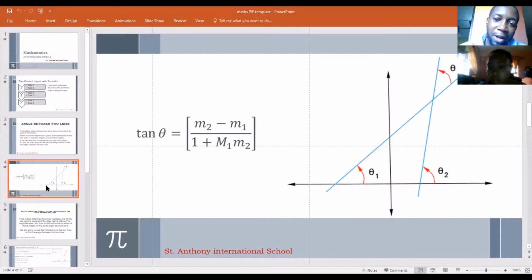But in this diagram on my screen right now, theta 2 is looking more like an acute angle. That's what I'm trying to explain to you, but it's actually an obtuse angle. Do you now get what I'm saying? Yes, sir. Good. So can we move ahead?